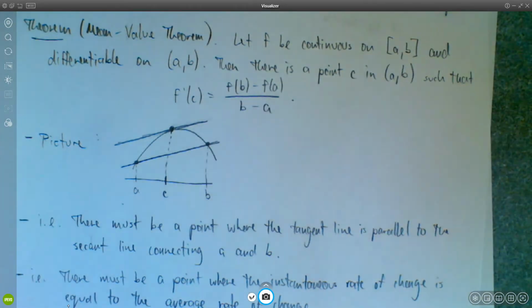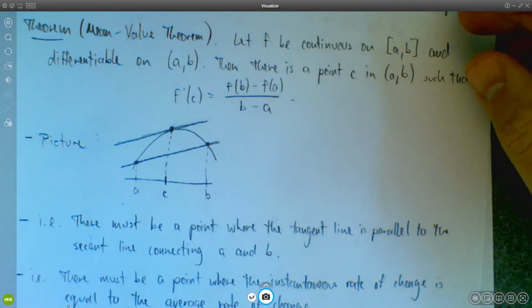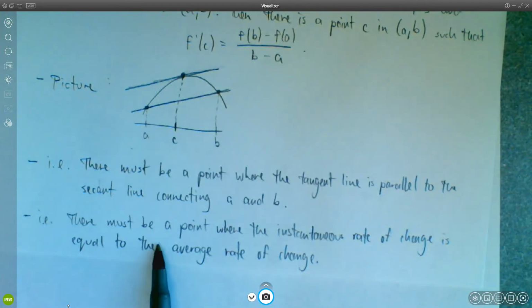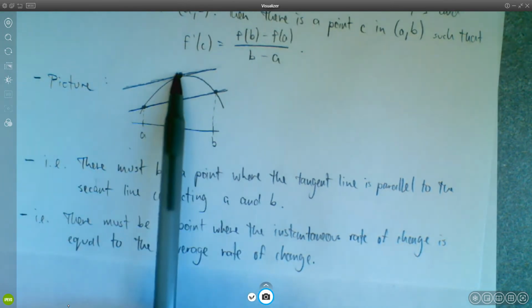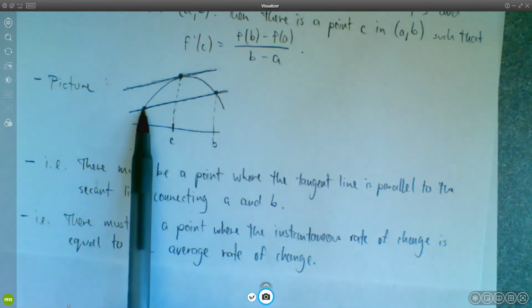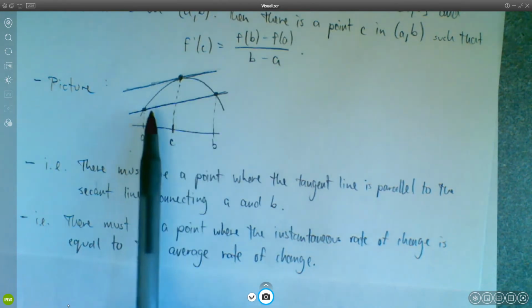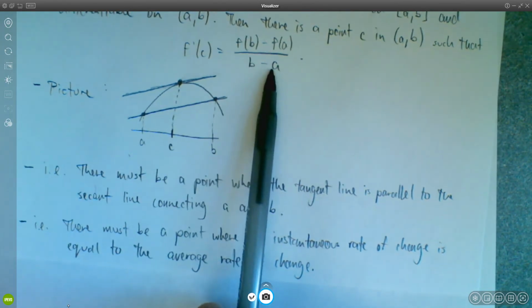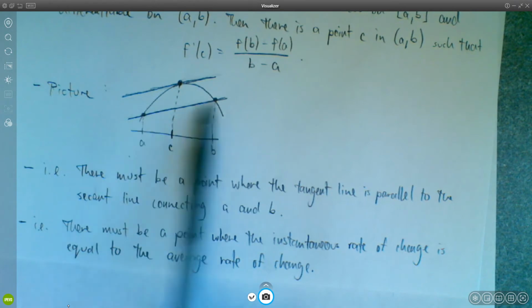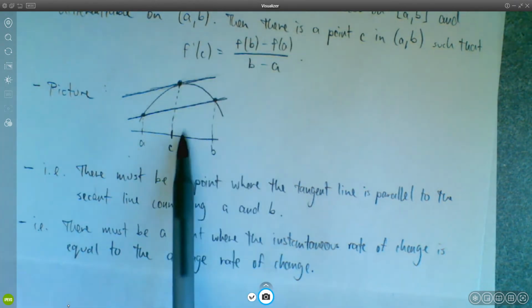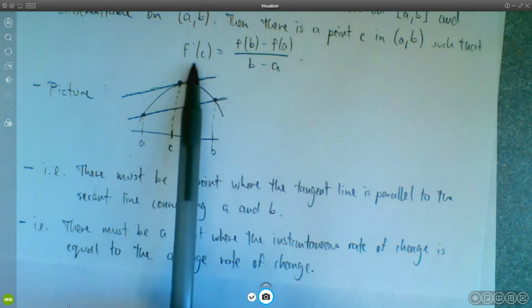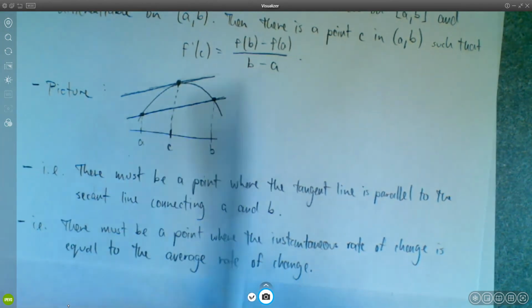So the tangent line and the secant line are parallel. Another way to say the same thing is that there must be a point somewhere between a and b where the instantaneous rate of change is equal to the average rate of change. Okay, so f of b minus f of a over b minus a, that's the average rate of change. F prime of c is an instantaneous rate of change, and we're saying that there must be a point c between a and b where that instantaneous rate of change is equal to the average rate of change.